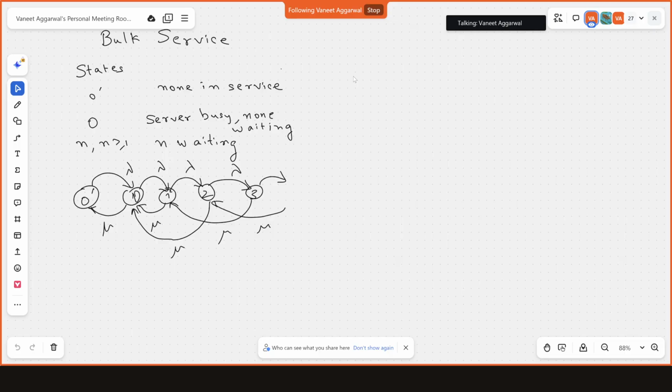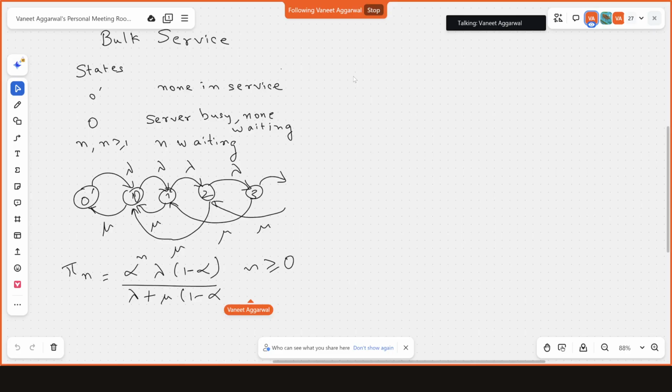Then we wrote the balance equations and gave the solution for the balance equations. That solution was pi n is alpha to the n lambda times 1 minus alpha over lambda plus mu times 1 minus alpha for n greater than or equal to 0.